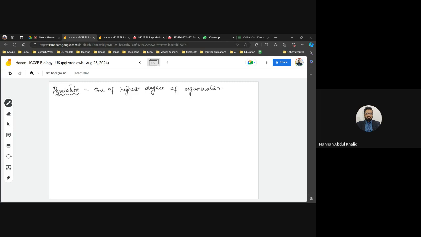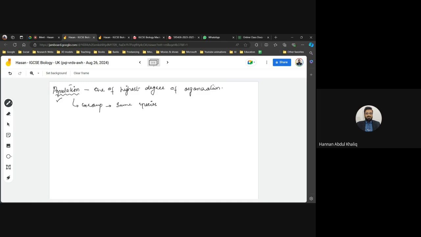Since the organ systems are making the individual, what would happen when the individuals combine? Remember that when the individuals combine, we get two groups. If the individuals in a group belong to the same species, it would be a population.